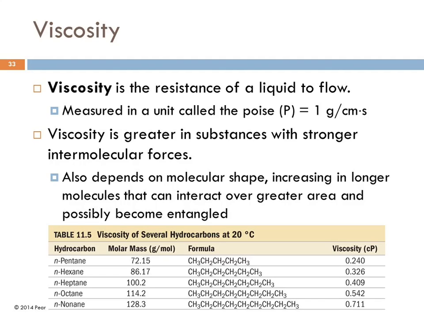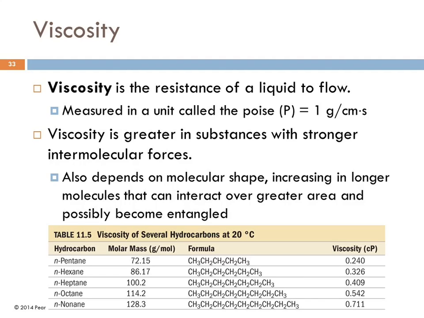So with strong intermolecular forces, it takes the molecules longer to move because they're sticking to each other. So they're all wearing flannel pajamas? Well, some of them are. Things like maple syrup are very viscous, right? Motor oil pours slowly, right?